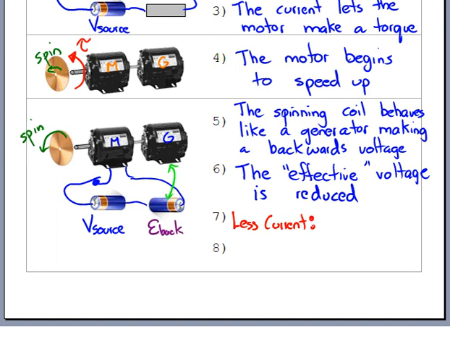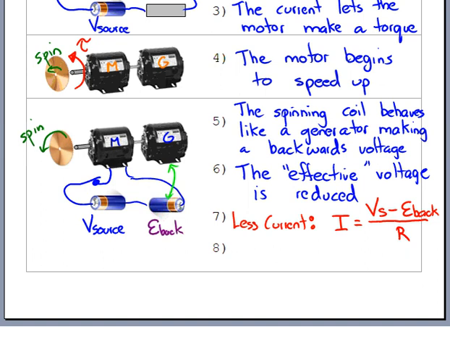In fact, here's the calculation for how much current there would be. The current that flows, there's this competition of voltages here. So you're going to have the source voltage minus the back EMF. Then you divide by the resistance. And as that back EMF grows, that numerator gets tinier.